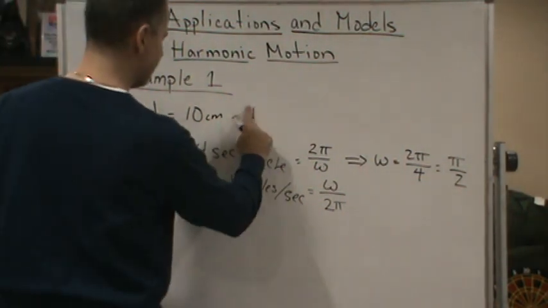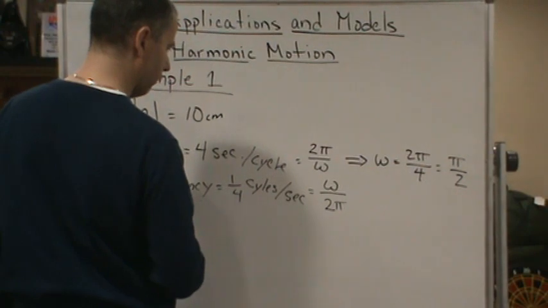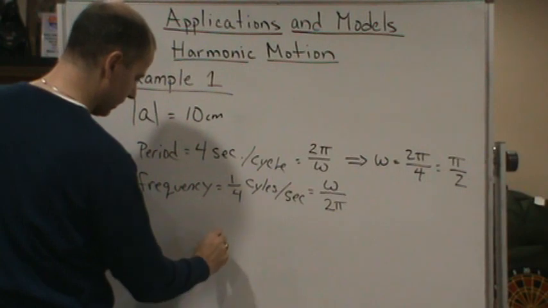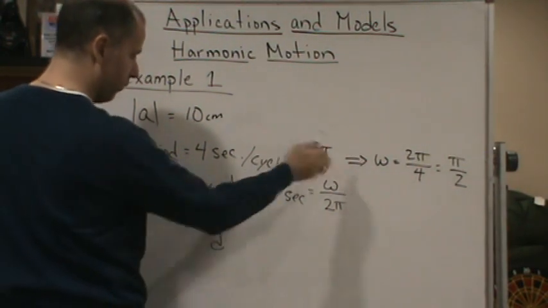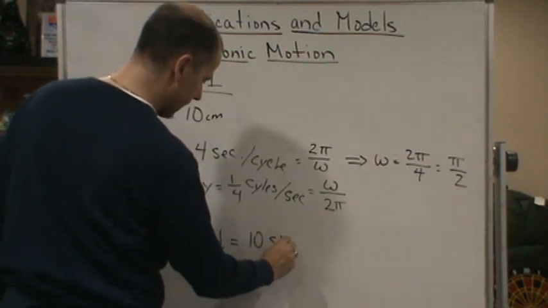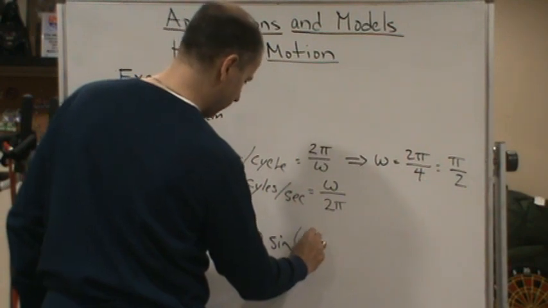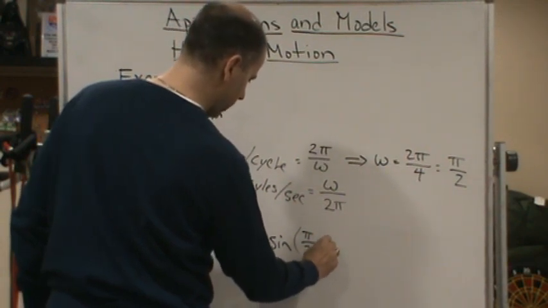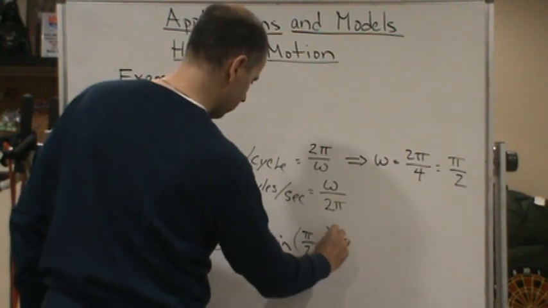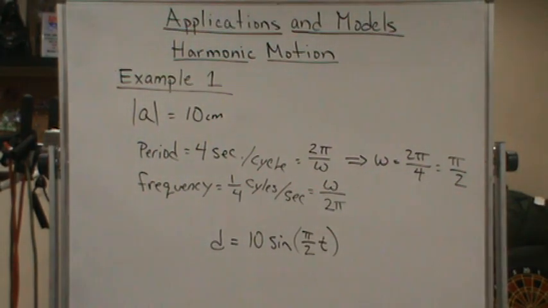The distance changes with respect to time, so D is a function of time. D equals 10 sine of pi over 2 times t, because displacement is a function of time. And so that is the answer.